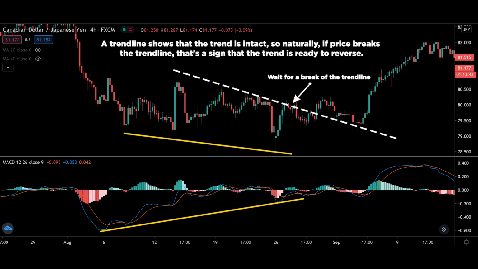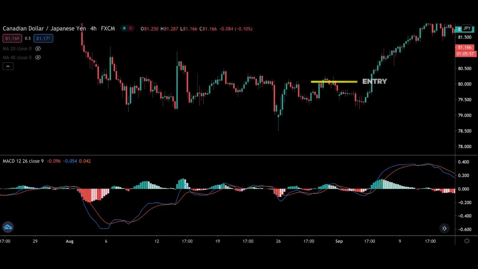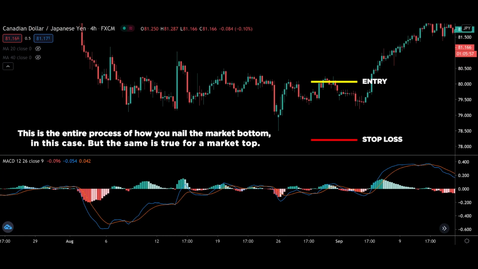A trend line shows that the trend is intact, so naturally, if price breaks the trend line, that's a sign that the trend is ready to reverse. Once you see a trend line break, you can go ahead and take the trade with your stop loss below the recent low. And this is the entire process of how you nail the market bottom in this case.